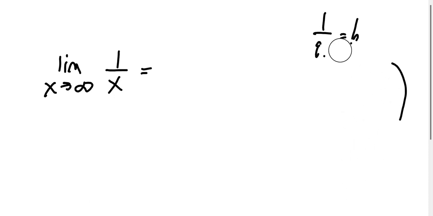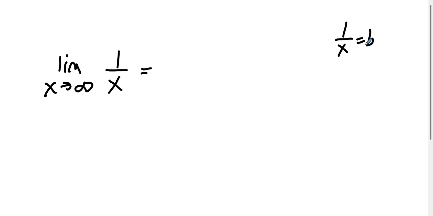We're going to use that reasoning: as x approaches an infinitely large number, if we plug in some super big number into 1 over x, giving b, then b is going to be way smaller than 1.